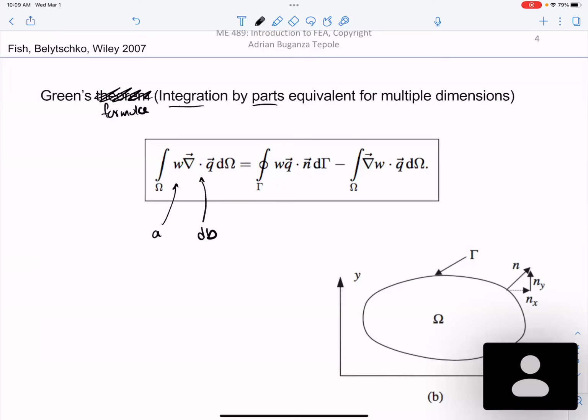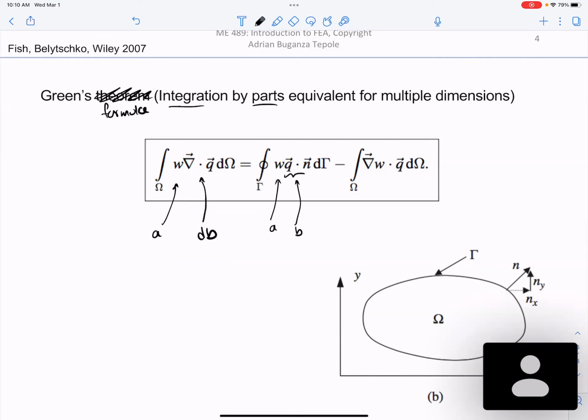So you have an integral over omega of A dB, and that one we can turn into an integral over the boundary of A times B. So you can see that you have sort of A and B. There's a normal involved because of this divergence theorem and Green's formula that I was showing before.